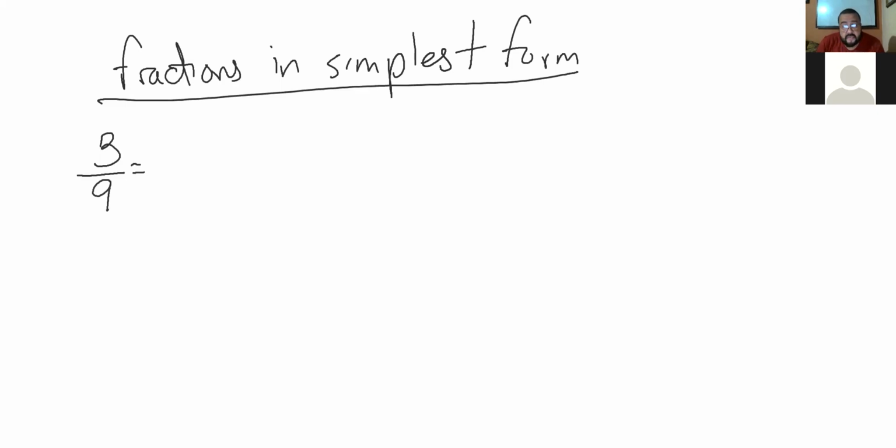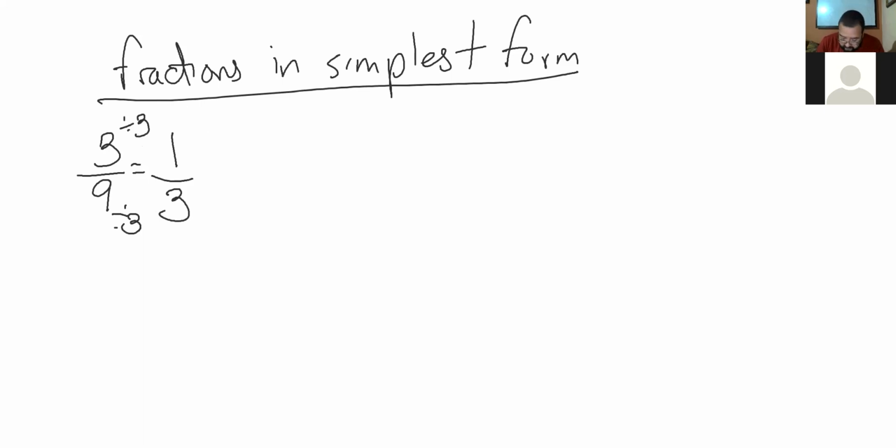In this lesson, we're going to only divide. So we're going to divide the numerator and the denominator by the same number. So 3 can be divided by 3, and 9 also can be divided by 3. So 3 divided by 3 equals 1, and 9 divided by 3 equals 3. So 1/3 is the simplest form of 3/9.